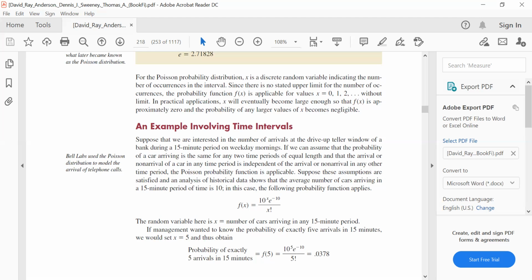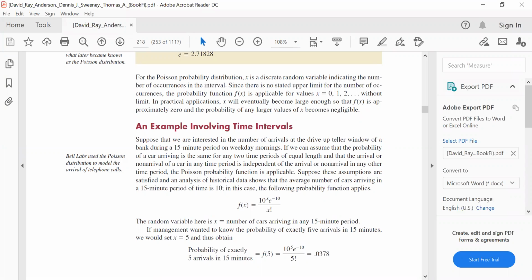If management wanted to know the probability of exactly 5 arrivals in 15 minutes, we would set x is equal to 5 and thus obtain the probability of exactly 5 arrivals in 15 minutes.